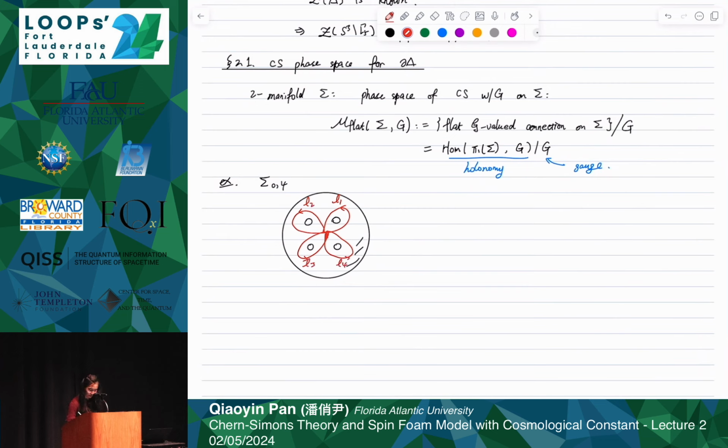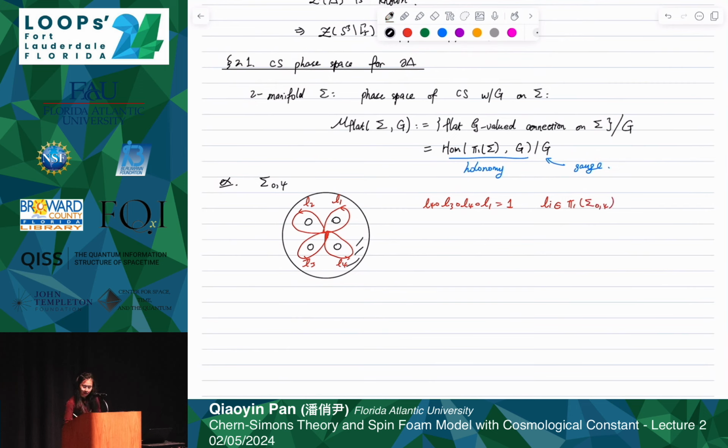The fundamental group is generated by these loops, and they should satisfy the condition that combining all these loops together gives me 1. Here, the Li are in the fundamental group of the 4-punctured sphere.